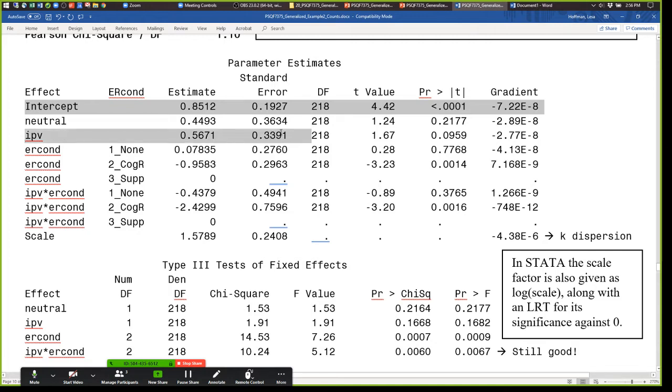How about relative to IPV? When IPV is 0 or 1, now remember, I'm treating IPV as if it were continuous, meaning 0 is really 0 and 1 is really 1.